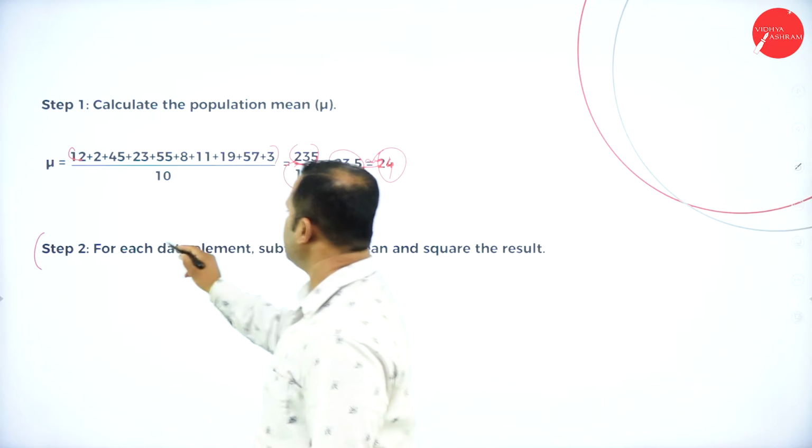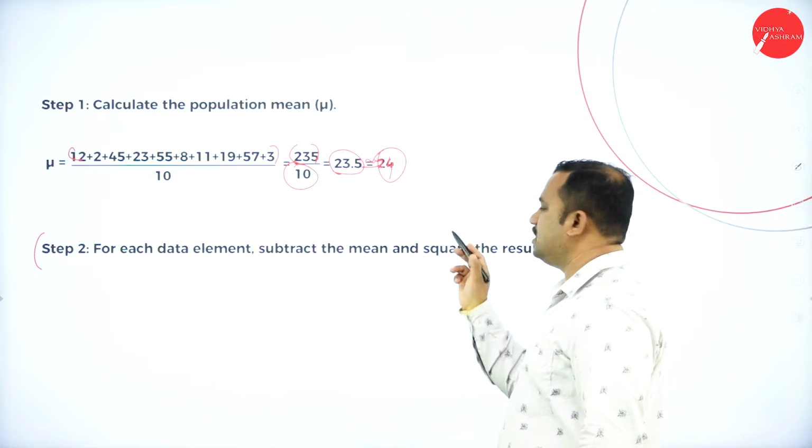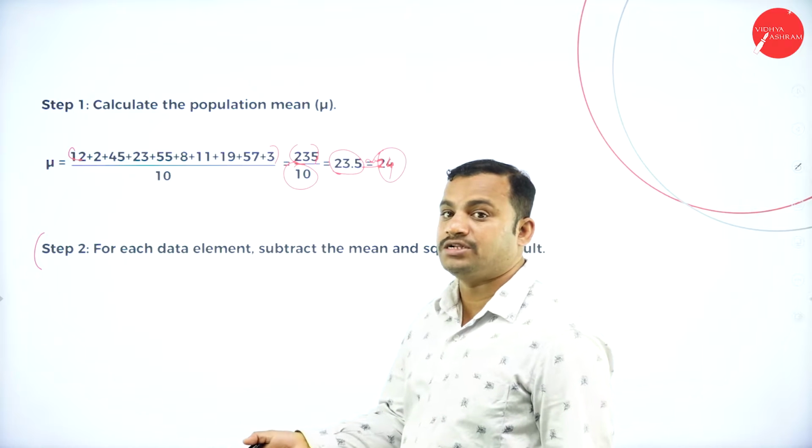The next step is to take each data element, subtract the mean and square the result. How can I subtract the mean and square the result?